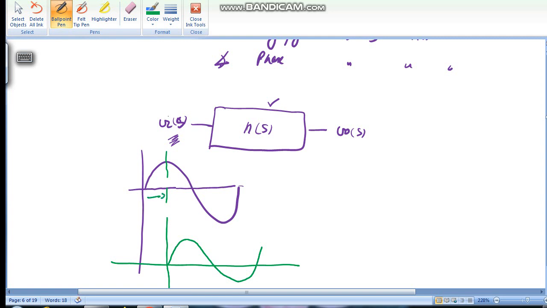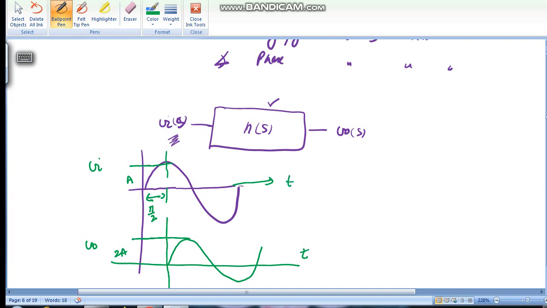So here, say this difference is pi by 2, and say this amplitude is A, and this is Vi, and this is Vo, and this amplitude is 2A. And this is, say, time.